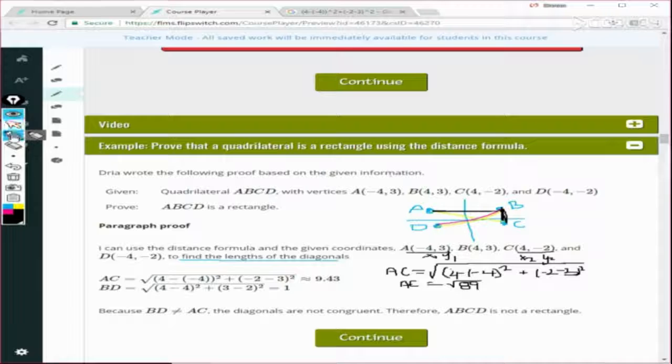So we're going to pick BD, and I'm going to say B is x1, y1, and D is our x2, y2. So then we have BD equal to the square root.